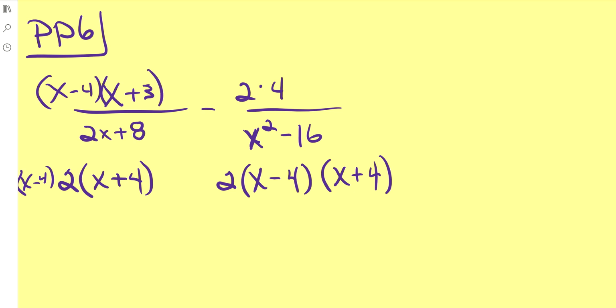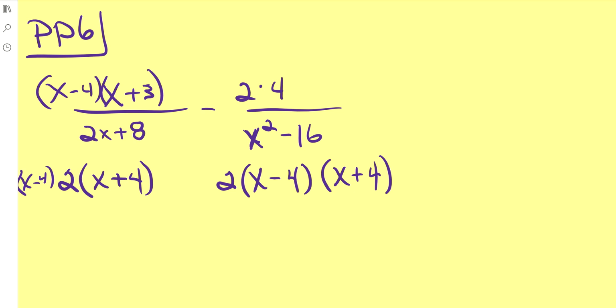Okay, so I have a couple of binomials there that I have to multiply together and subtract the 8, is all that looks like. So my check: I got an x minus 4 in both of them, I've got a 2 in both of them and an x plus 4 in both of them. I multiplied the top and bottom by the number that was missing, or the expression.